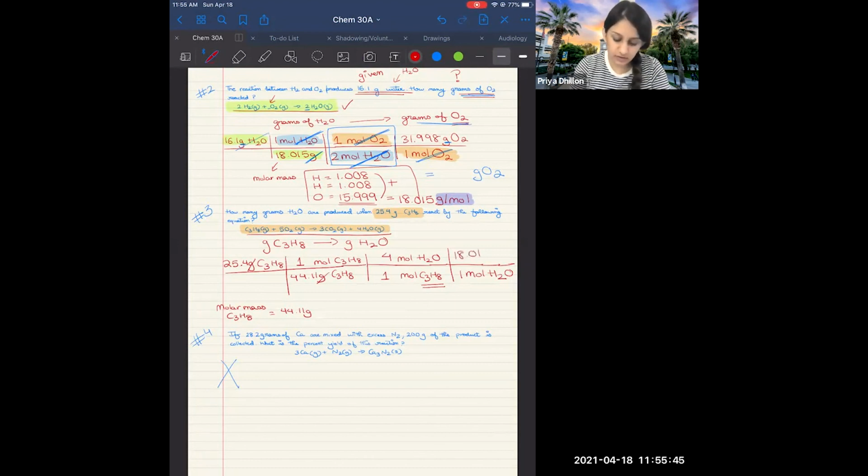Yes, you are right. Okay, now we're going to cancel things out. So grams of C3H8 canceled out. Moles of C3H8 canceled out. Moles of H2O canceled out. And then in the end, we have only grams of H2O. So everybody put this equation in your calculator and put the answer in the chat.